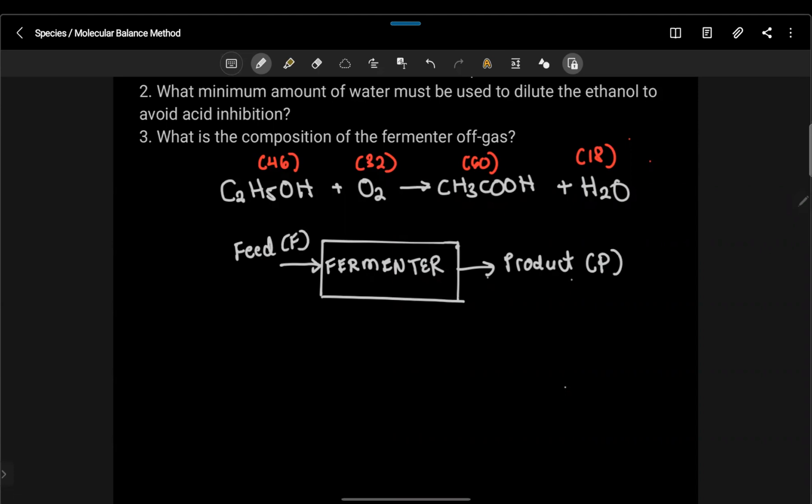Okay, now, may papasok dyan na air according to the problem kasi nga aerobic siya. So air, ang amount niya ay 200 gram mole or 200 mole per hour. Okay?